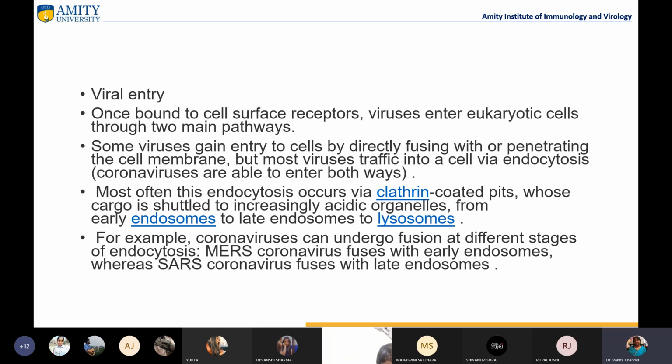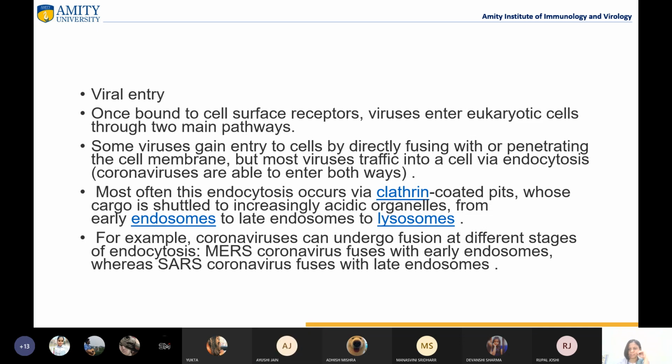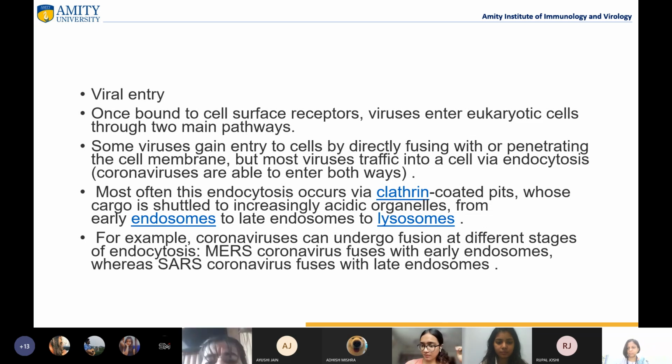Athoiba, present. Ayushi Jain, present, ma'am. All of you, please switch on your cameras. Devanshi Sharma, Ishita, Janvi, present, ma'am. Kshitij, present, ma'am.